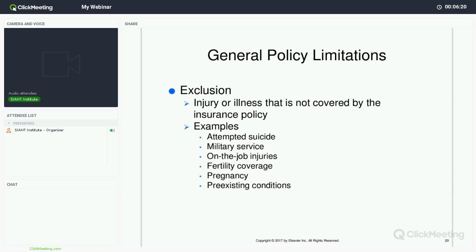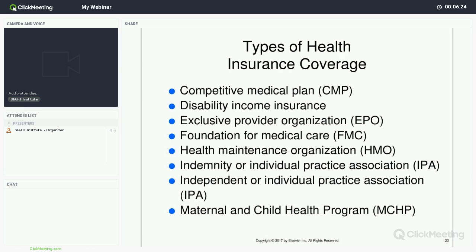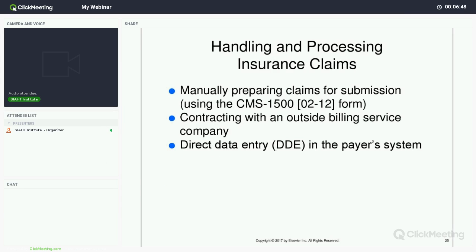If you look at some statistics, the coverages of health insurance are of different types. You have competitive medical plan, disability insurance, income insurance, exclusive provider, foundation for medical care, health maintenance organization, individual practice association, or maternal or child health care program.